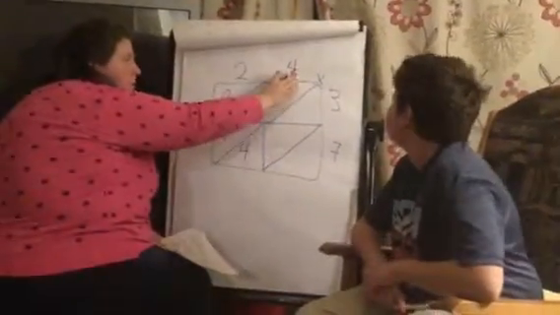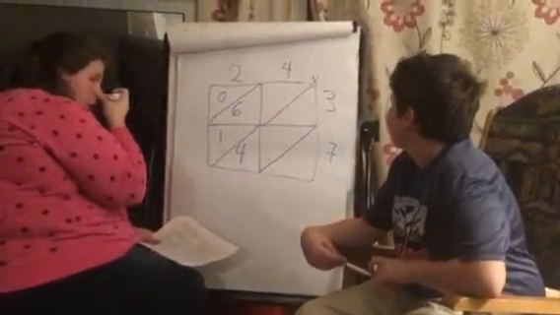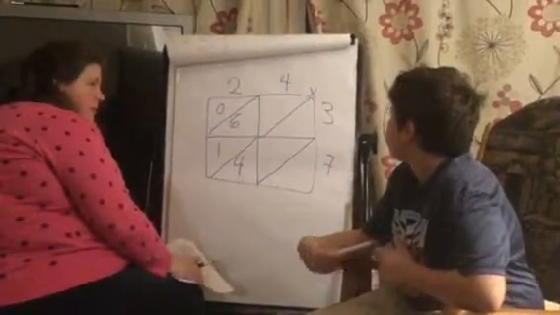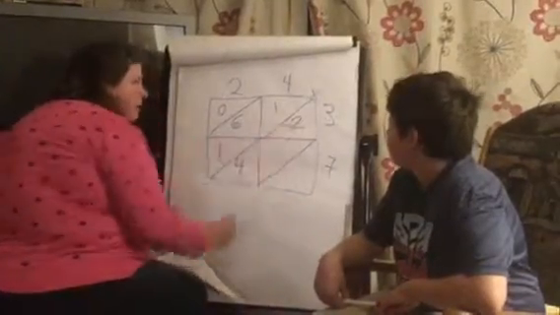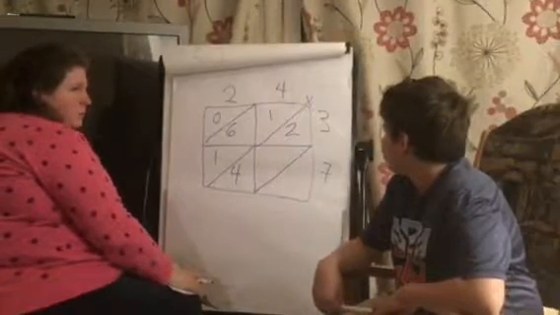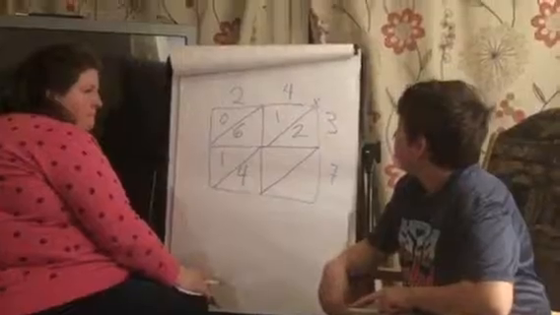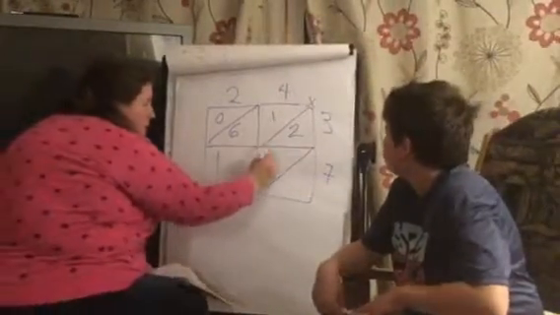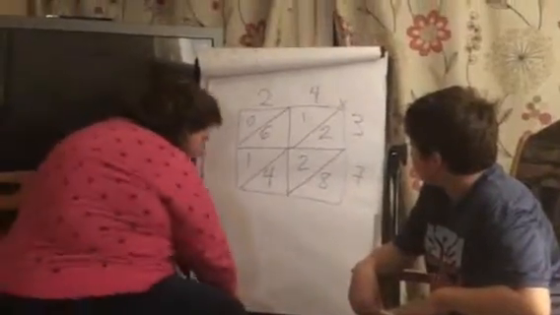Now we're going to go over here. 4 times 3 gives us what? 12. Good. We put our 12 here. Now 4 times 7. 28. Good.